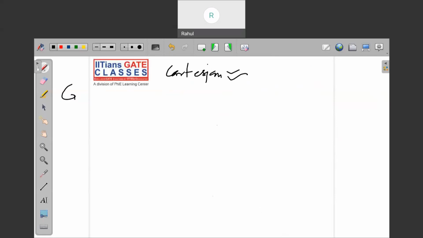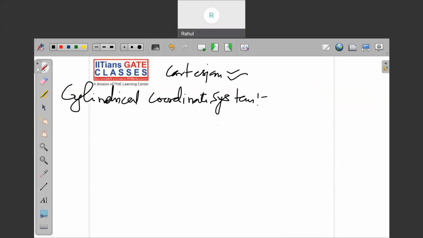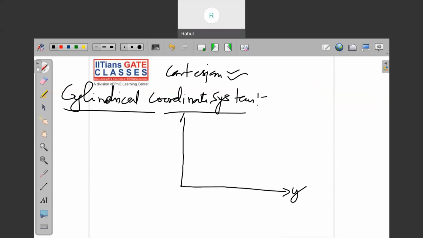Now we will talk about the cylindrical coordinate system. In the cylindrical coordinate system, again we can take this as the z-axis, this as the y-axis, and for the sake of reference, this as the x-axis. Now we can take a cube here, and the cube is hanging here.